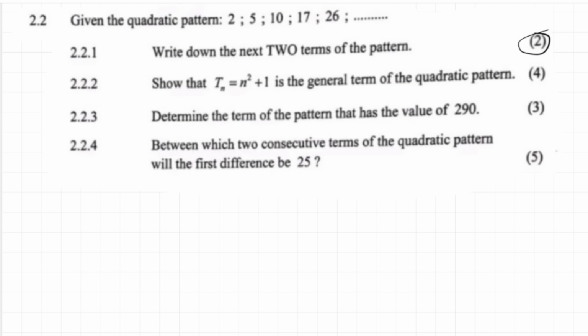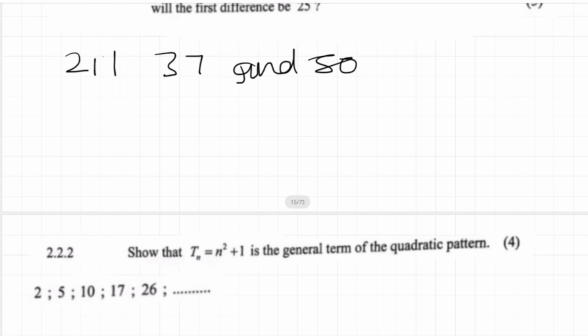They just need you to mention those kinds of stuff, so you can do it however you want. By the end of the day, for 2.1.1, your answers are going to be 37 and 50. Because this is all they need there. How did you find it? They didn't want to see it on this question. That's why I don't want to spend more time.